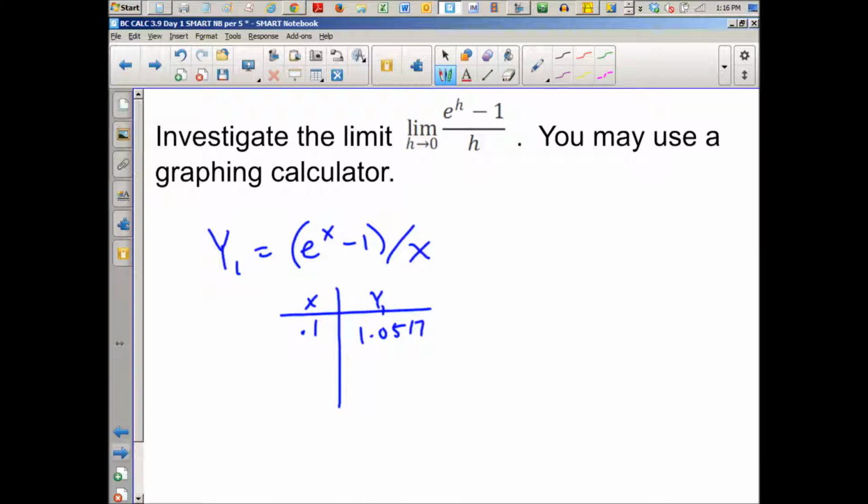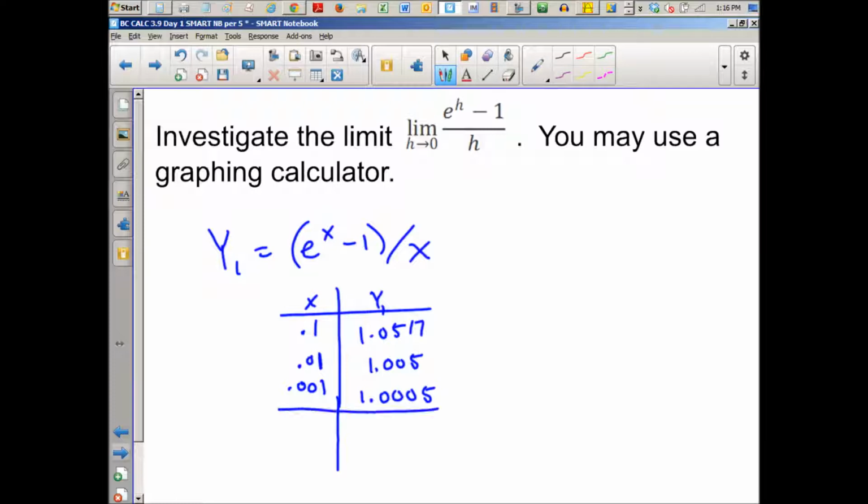If you plug in 0.01, you get 1.005. If you plug in 0.001, you get 1.0005. So it looks like the limit as you approach from the right of 0 is 1, right?